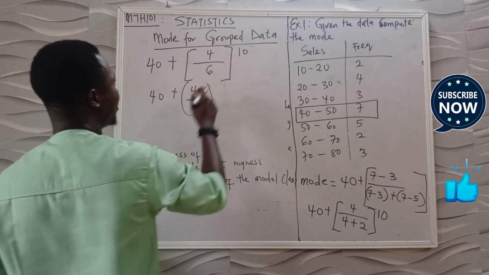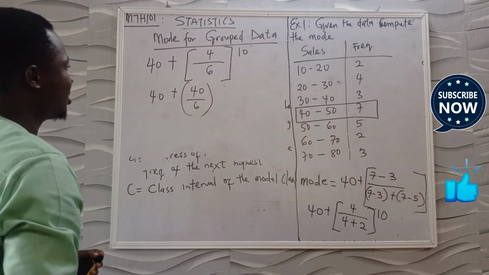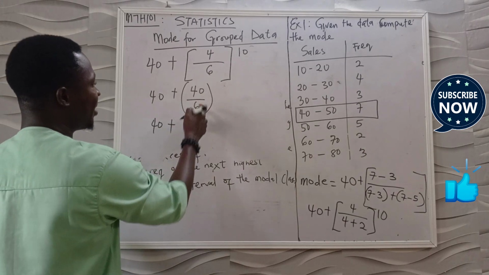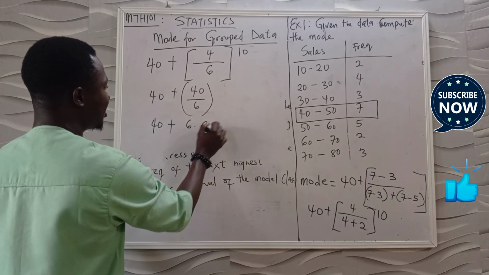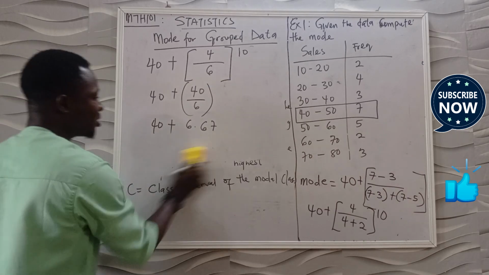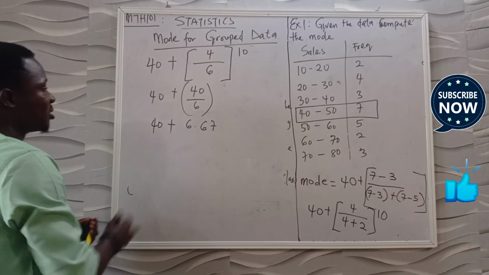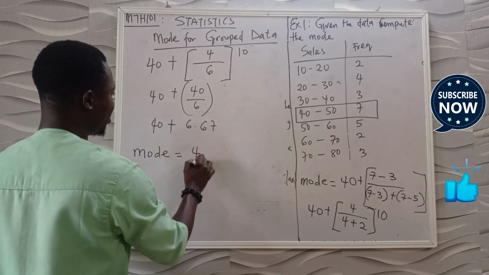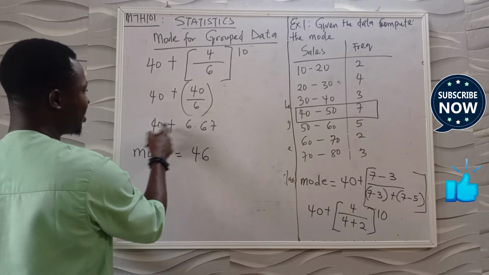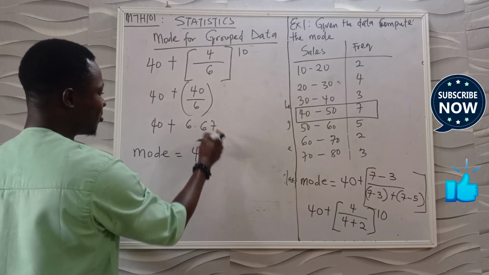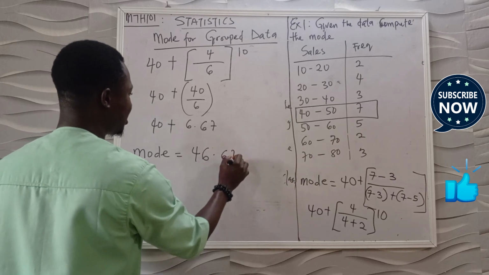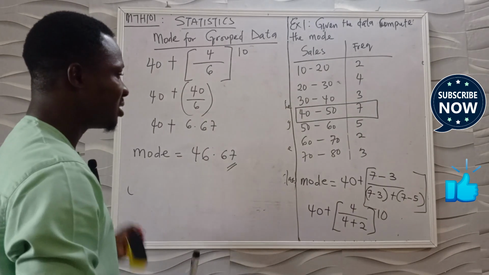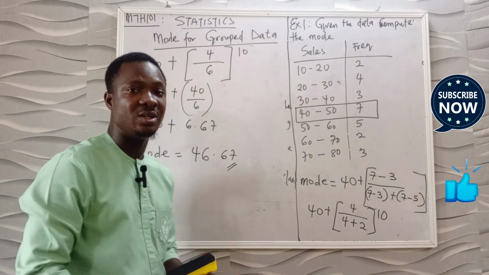That is 4 times 10, which gives us 40, all over 6. When you divide 40 by 6, we have 6.67. So our mode is 40 plus 6.67, that is 46.67. You see that this is very, very simple.